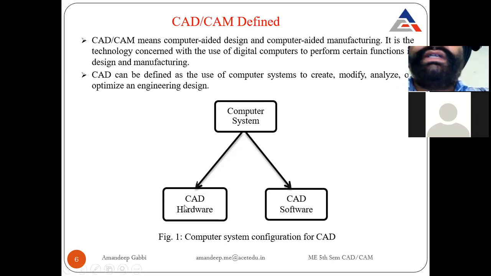It has some CAD hardware, like mouse, keyboard, and all that, a computer system and CAD software. CAD software is AutoCAD, Pro E, CATIA, and all that. These come under the CAD software. Right? The definition of CAD is the use of computer system to create, modify, analyze, or optimize an engineering design.